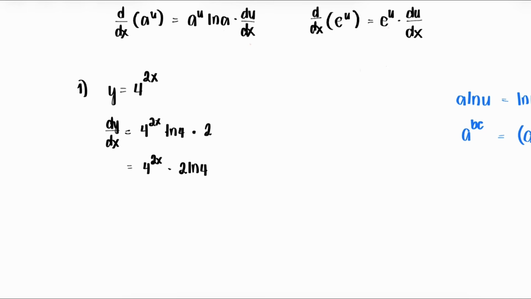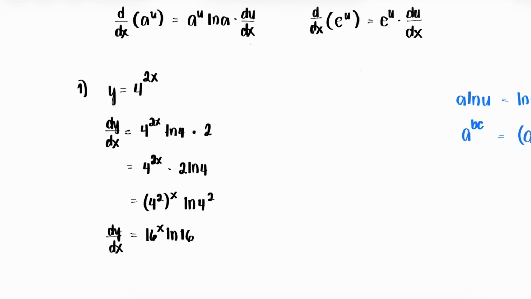So we're going to use those laws. 4 to the power of 2x can be written as 4 squared to the power of x. And 2 ln 4 can be written as ln of 4 raised to the power of 2. So 4 squared is equal to 16 to the power of x, and then ln of 4 squared is ln 16. So that is our derivative.